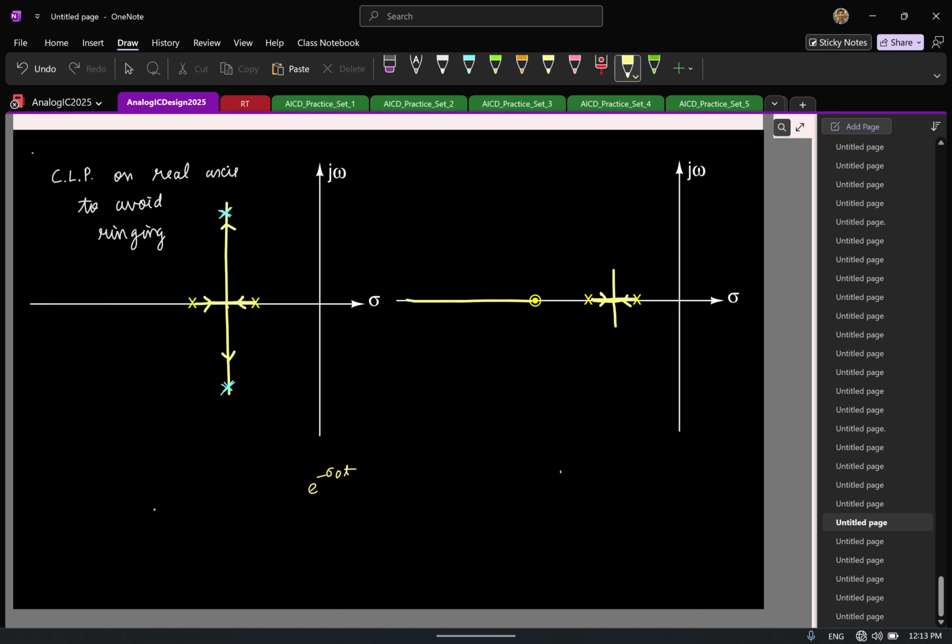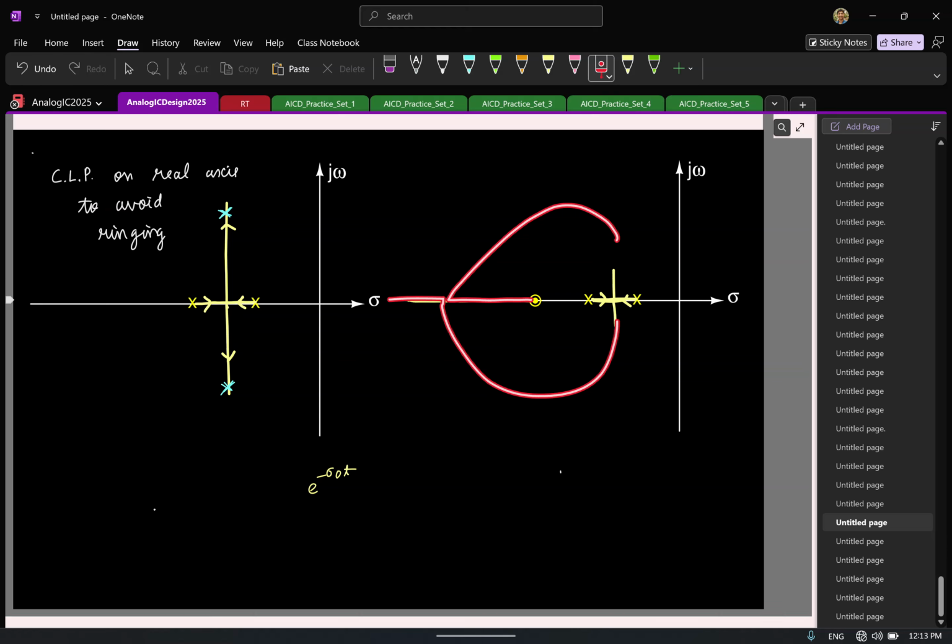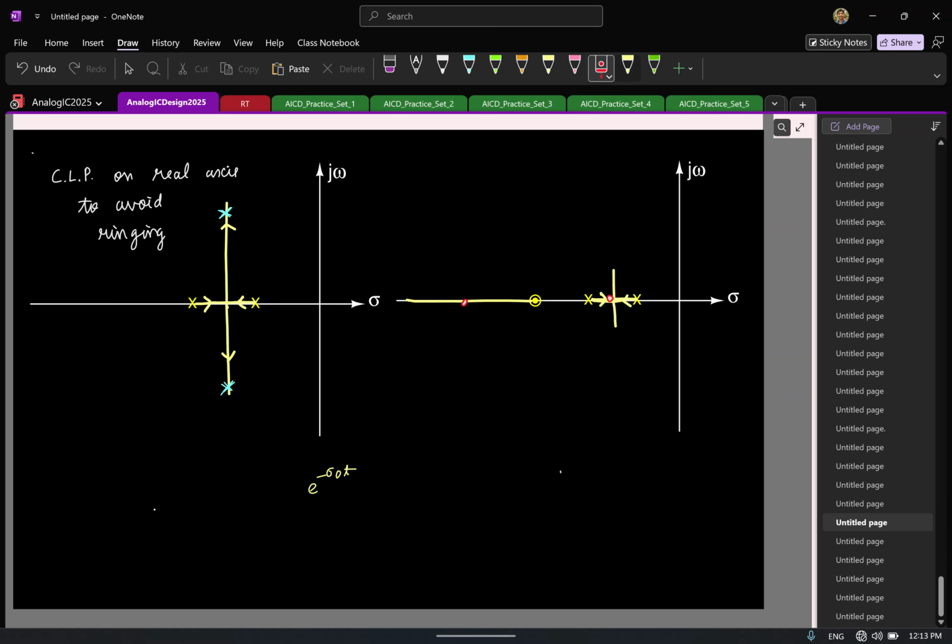It cannot go here like this. What should happen? It should somehow bend, and one of them should go here, the other should go here. That's the only logical thing. Let's not worry about what this point is and all. That is for control systems people to worry about. We just want a qualitative sketch of what's going to happen.